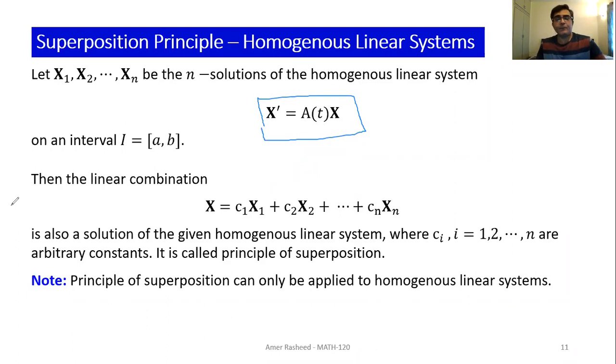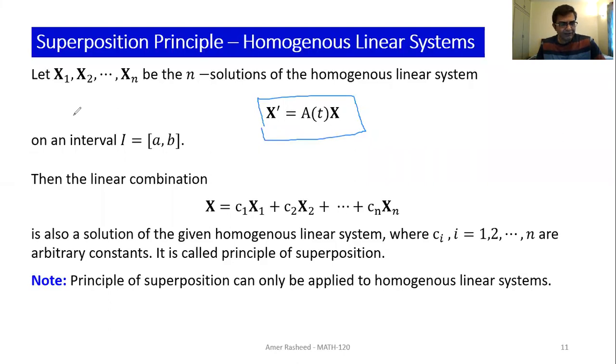The solution depends on the non-homogeneous part, which is g1 of t, g2 of t, those functions. The solution depends on the type of those functions in the non-homogeneous system. So this superposition principle cannot be proved for non-homogeneous systems. This principle can only be proved for homogeneous linear systems.